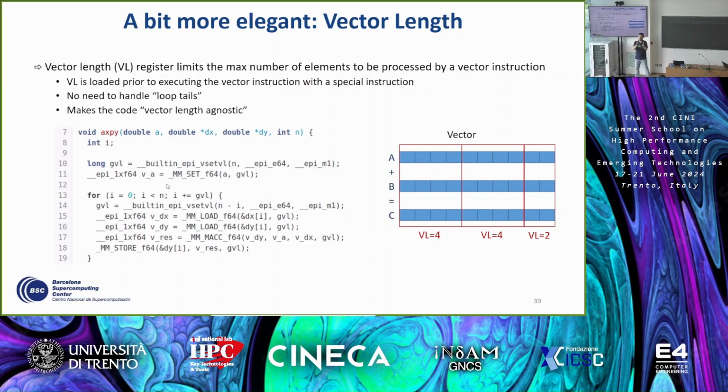Because in this way, every time that I enter the loop, I can say, hey, give me 1,000 elements, and the hardware will tell me, no, I just have 4, I will give you 4. And I operate with the GVL. You see that GVL is always part of the two loads, part of the multiply and add here, and part of the store.